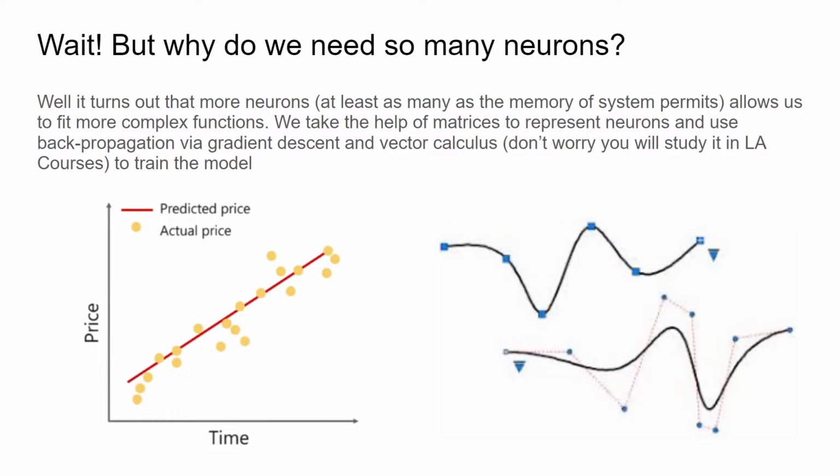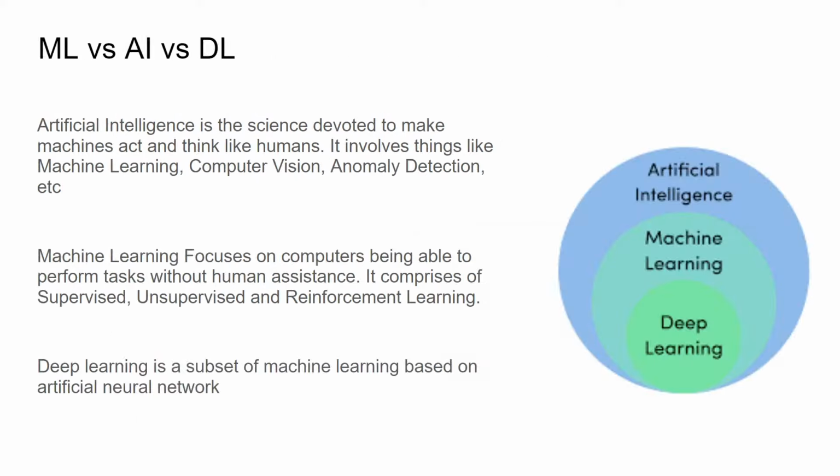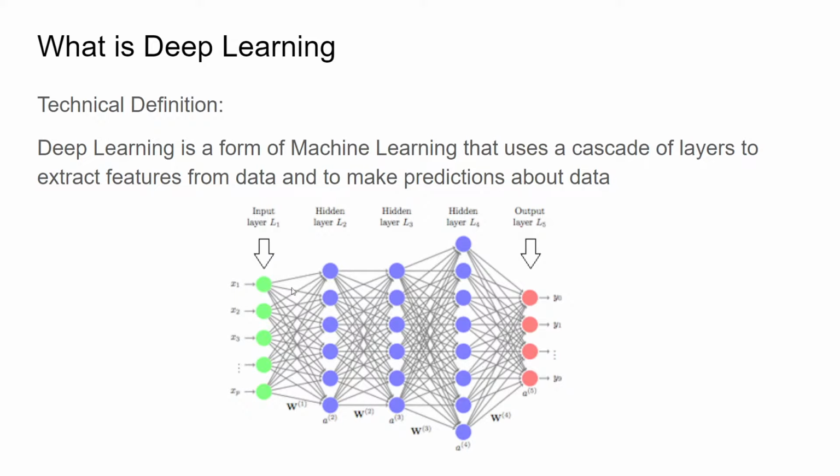The neurons that we are talking about here, if we go on this image, each point can be considered as a neuron, where it takes inputs from a previous layer and gives an output. So let's step back a little.